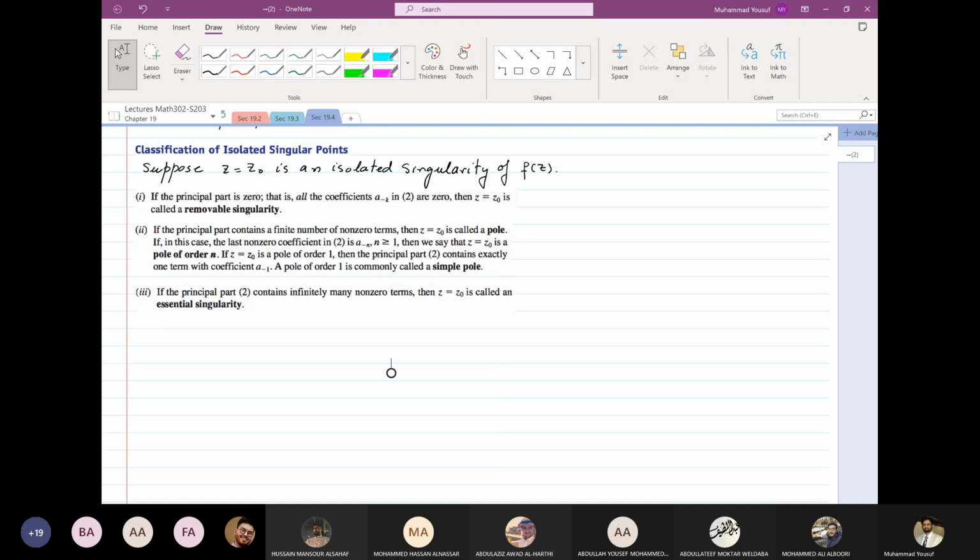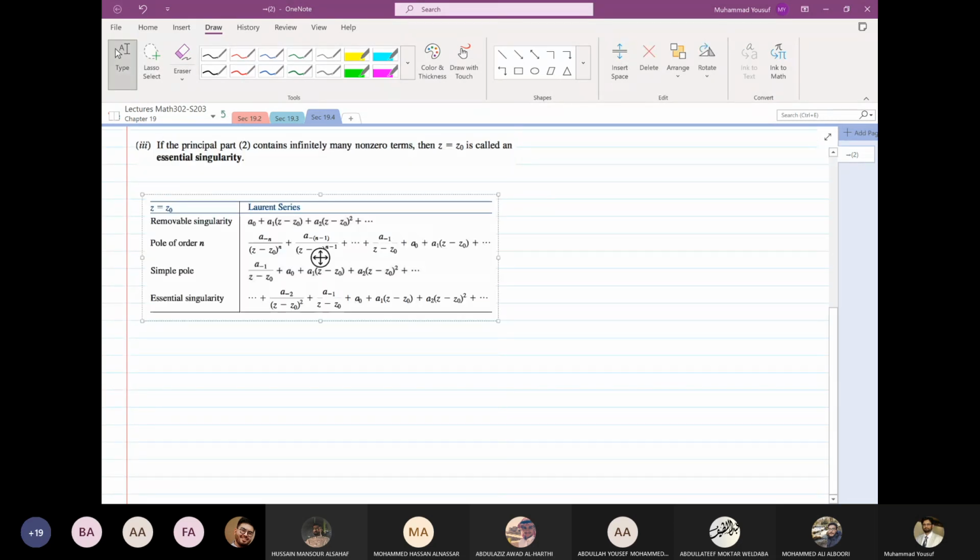So a singularity is one of these types: removable, pole of order n, and essential singularity, and this depends on the principal part of the Laurent series. For example, if you look at this kind of a table, it will be more clear.